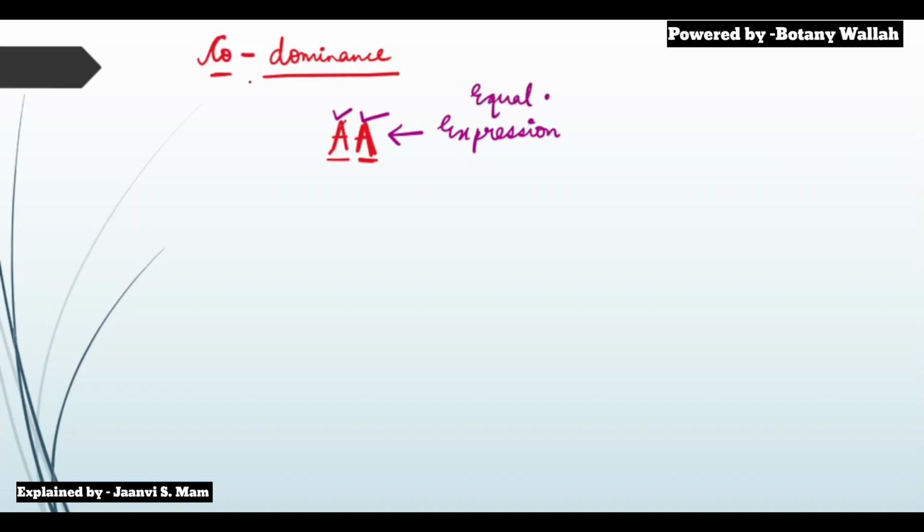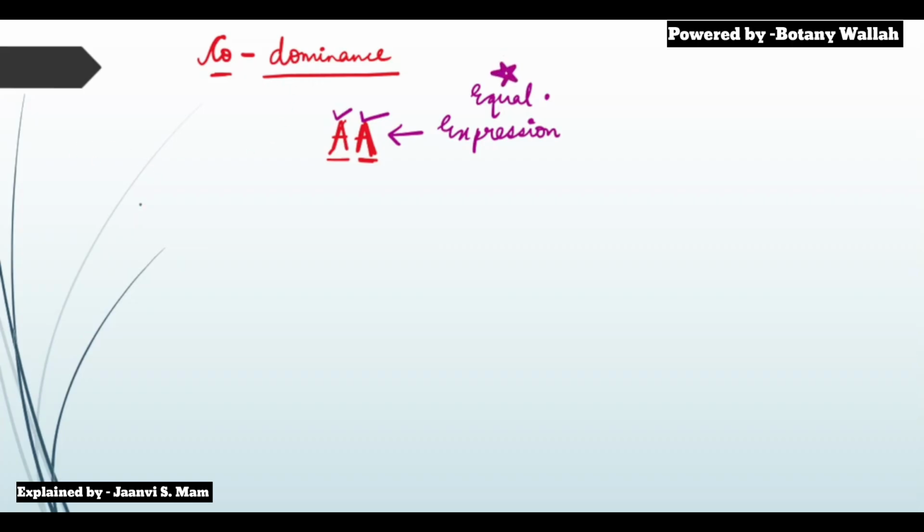So codominance is like coordination, like one person coordinates with another person. They are expressing together, they are working together. In the same way, in codominance, both the alleles will show equal expression. What will happen?